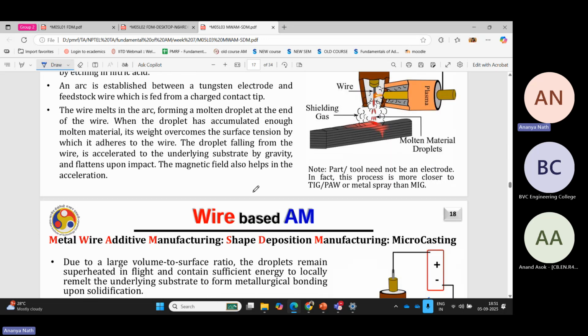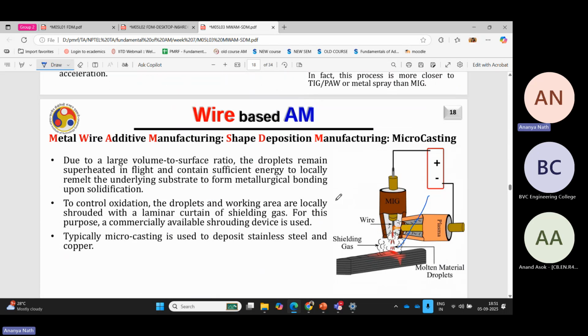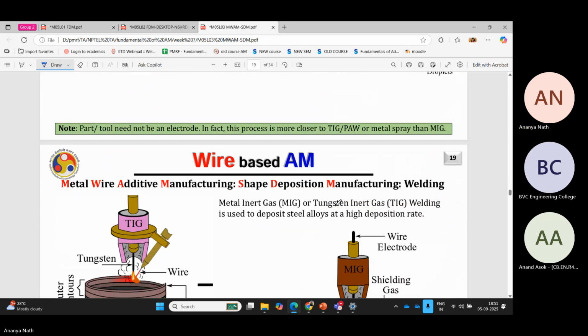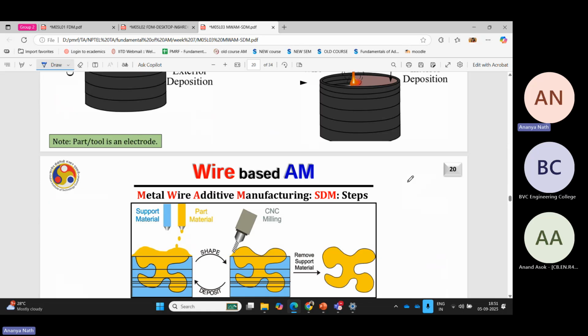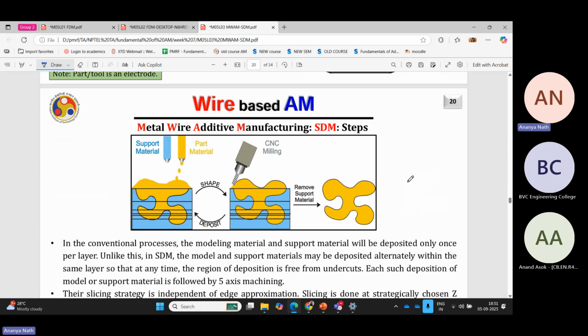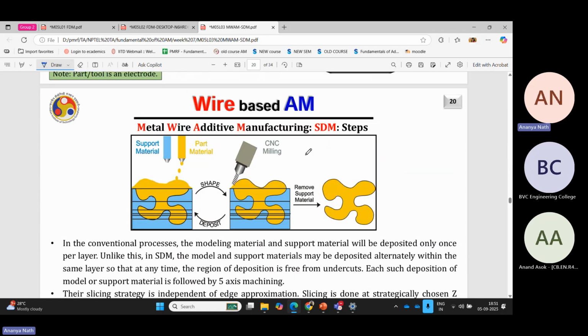There you can do anything: spreading, drop on demand, continuous, bead ironing, everything. But in WAM, it's not possible. So it's the welding that you need to study, and the same way you are going to use it in additive manufacturing.